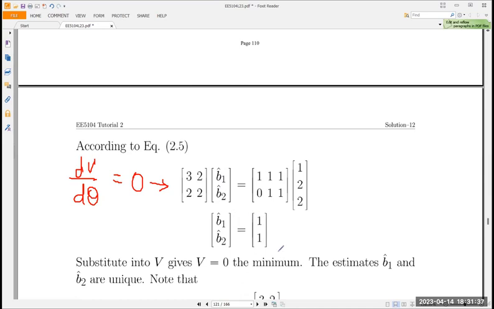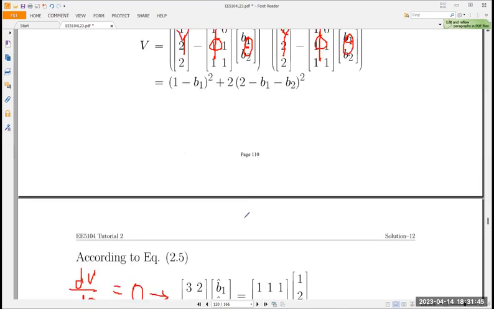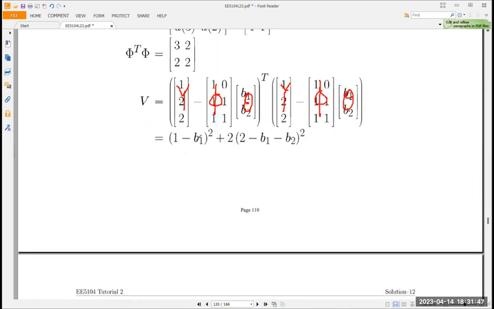So for V minimum, you can get a unique B1 and B2. You can see 1, 1. If you substitute 1 here and 1 here and 1 here, V equals 0. And V is a square function, so you know that 0 is a minimum. So B1 and B2 equal to 1 will give you the minimum V.